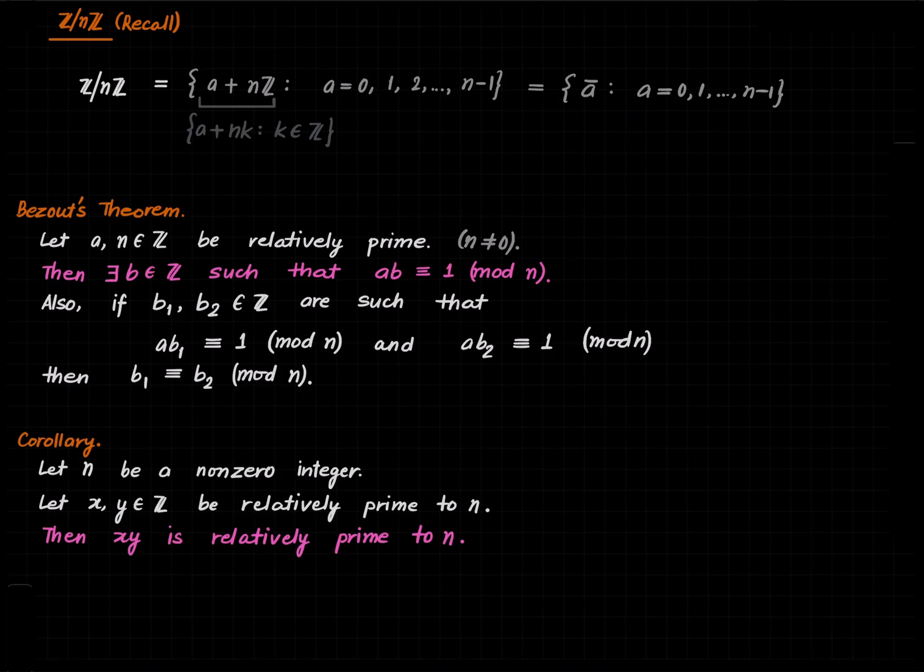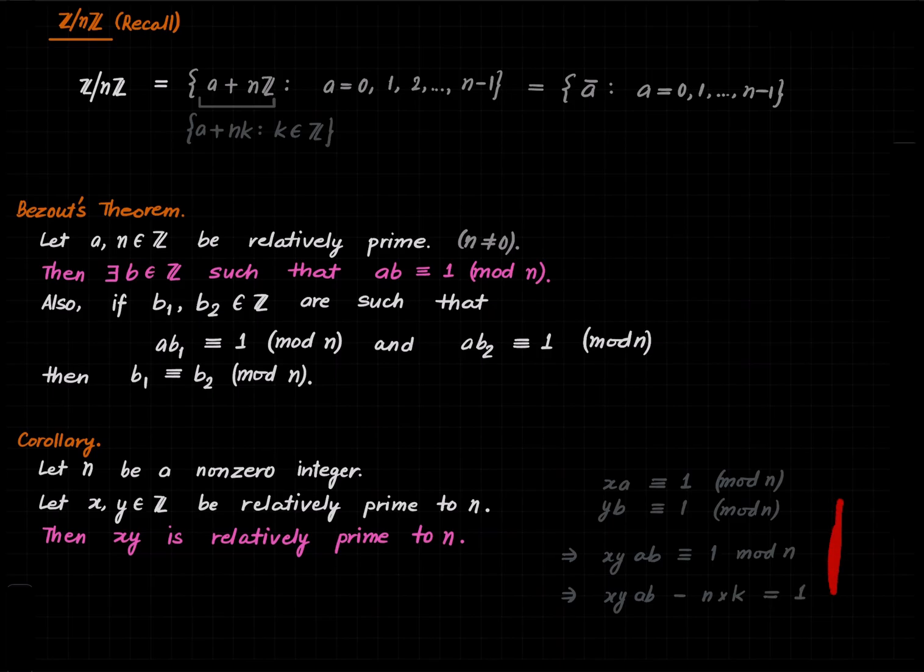How? Well, since x and y are relatively prime to n, you can find integers a and b such that xa is congruent to 1 mod n and yb is congruent to 1 mod n. This is immediate from Bezout's theorem. And now this gives us that xyab is congruent to 1 mod n, which implies xyab minus n times some integer k is equal to 1 for some k.